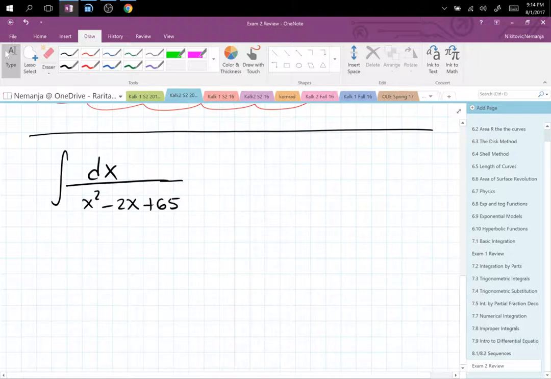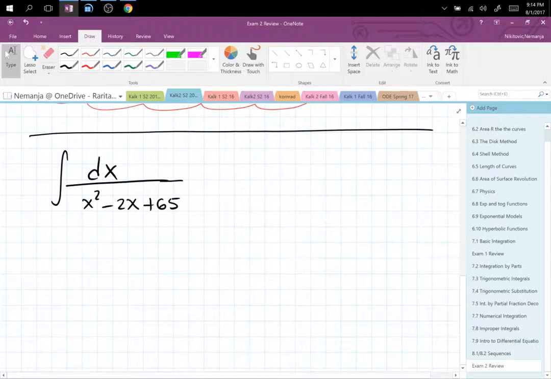If we can factor it, is it partial fraction? What is it if we can't factor it? Completing the square, and that will lead us into tangent inverse. We love tangent inverse.